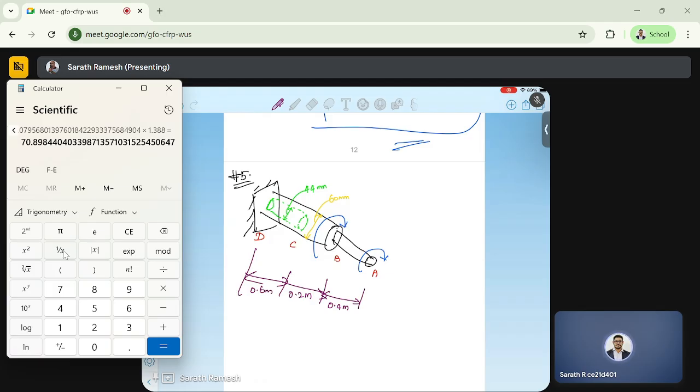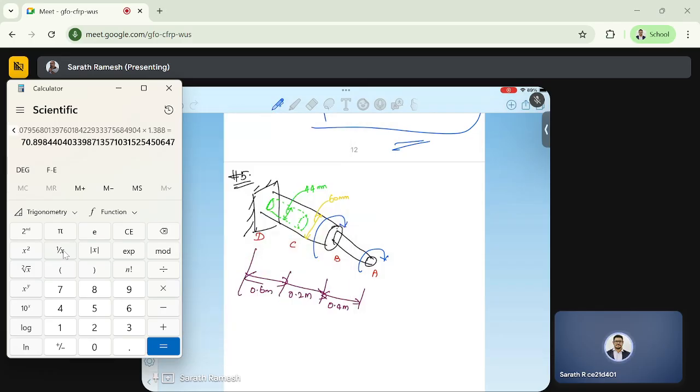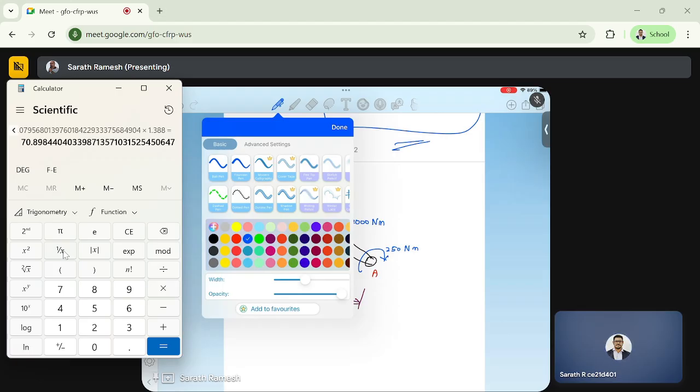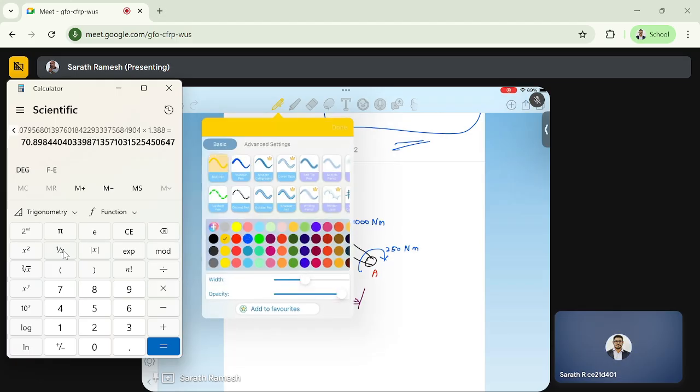Okay, the magnitude of torque is also given. This torque magnitude is 250 Newton meters, and this diameter is also given. Before that, let me finish up this 2000 Newton meters, and this AB portion diameter is 30 mm.